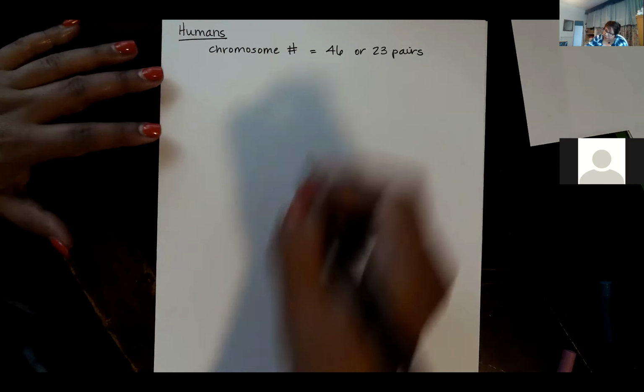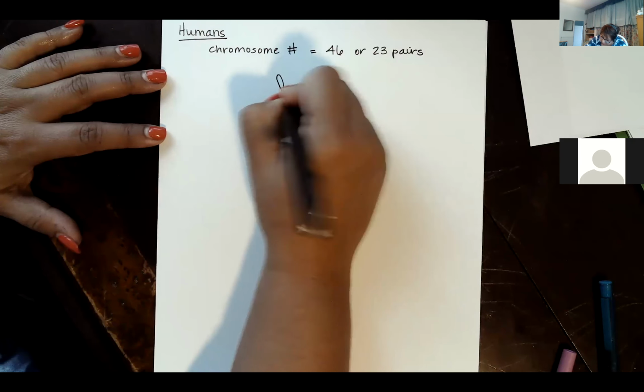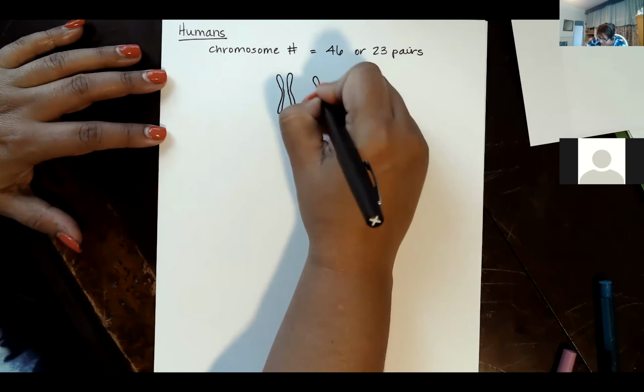The reason that we say you have 23 pairs is because chromosomes come in pairs.